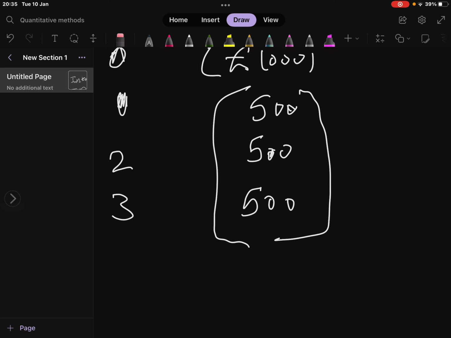The present value will be 1,243. We deduct from it the £1,000.